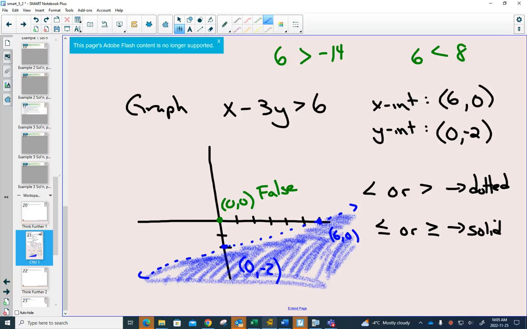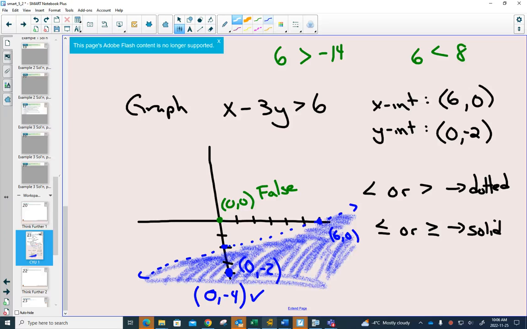So this means that any point we check in here, what would be an easy point to check? Maybe this one. 0, negative 4. Plug in 0 for x, negative 4 for y. Can you see that you would get 12 greater than 6? That point is true. If we tested any other points in that section, they would be true.